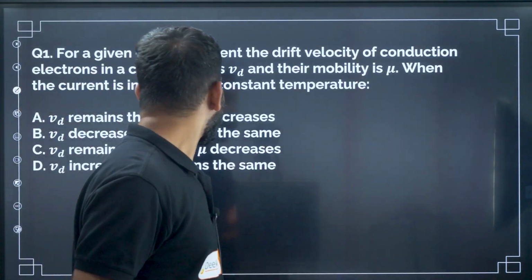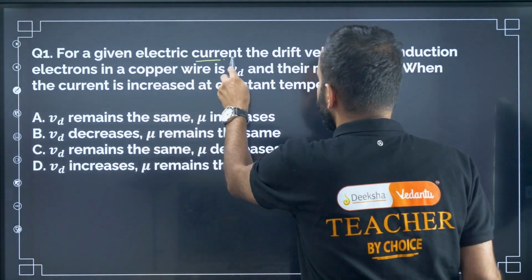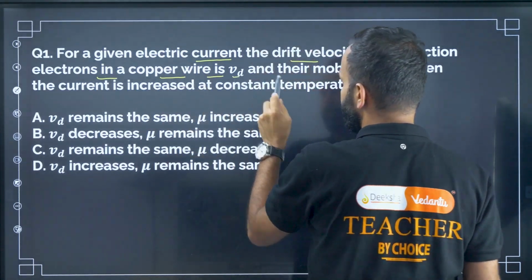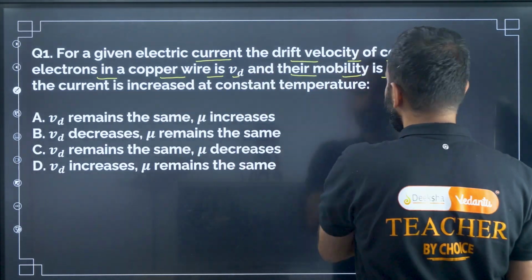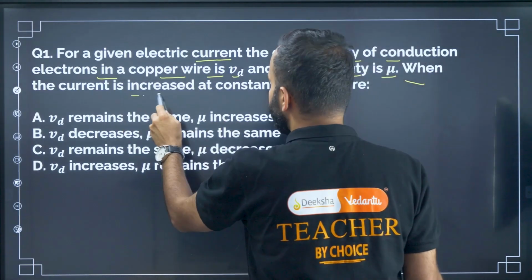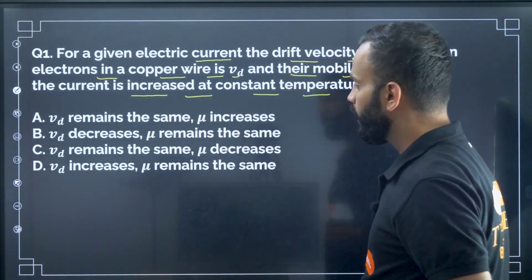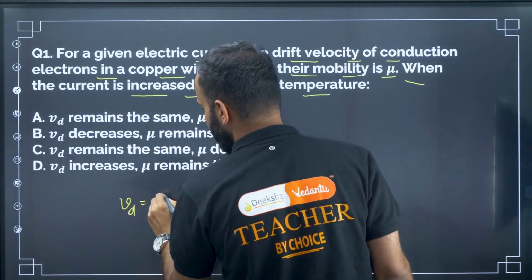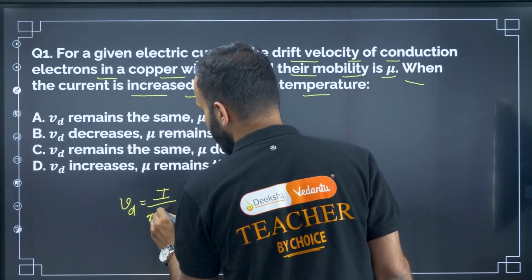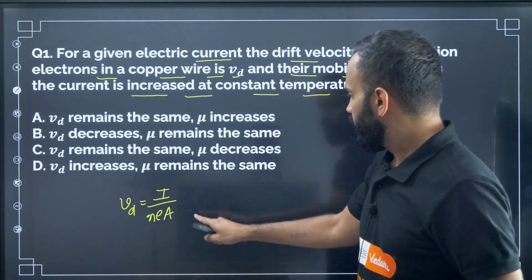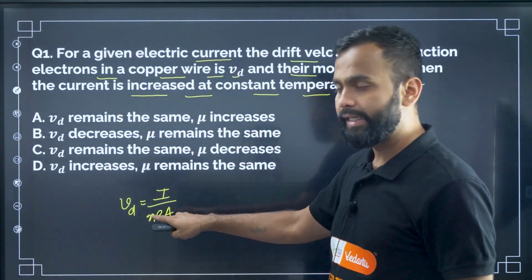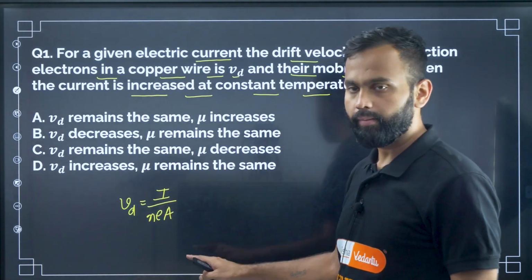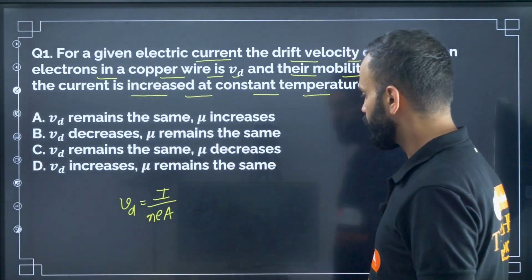Question number 1. For a given electric current, the drift velocity of conduction electrons in a copper wire is Vd and their mobility is mu. When the current is increased at constant temperature, we know that drift velocity Vd is equal to I divided by N E A. I is current, N is the electron number density, E is the charge of the electron, A is the area of cross section of the wire.